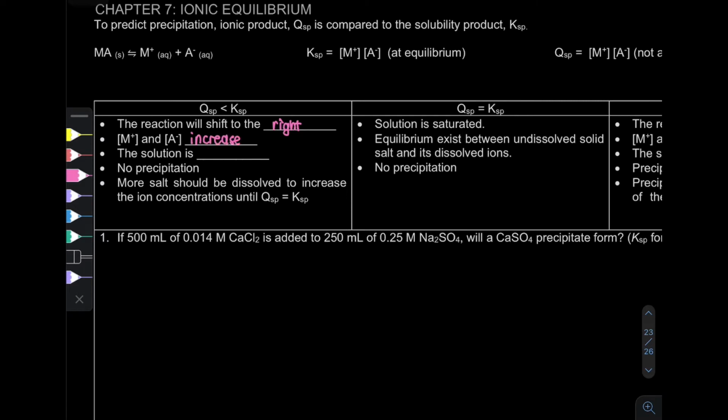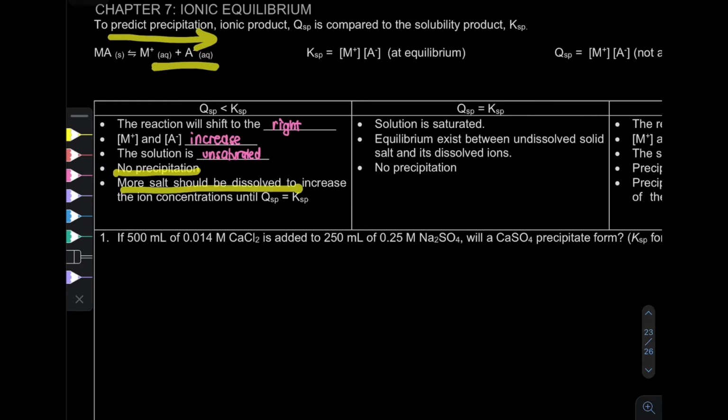So the solution is unsaturated, because it can still hold more ions. If we want it in equilibrium, it means the maximum concentration of these ions. But this solution is unsaturated because the shift to the right forms aqueous ions, so it is considered unsaturated, hence no precipitation occurs.